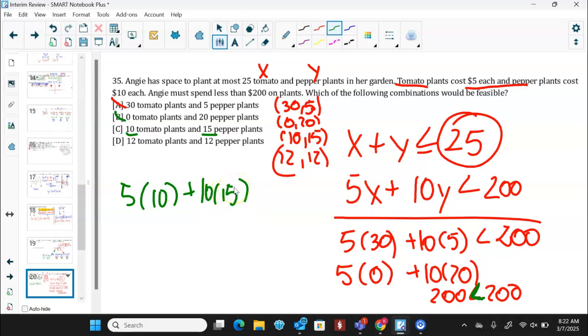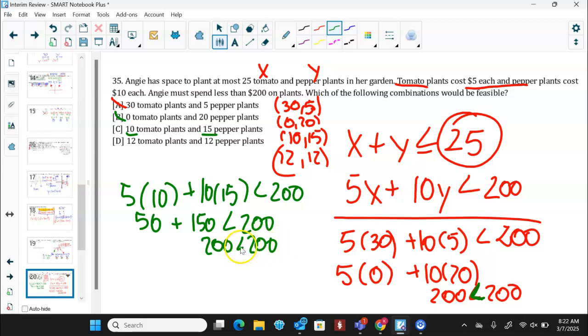So that's 50 plus 150. Okay, so 200. So then once again, that's 200 less than 200. I don't have an equal sign here, so this is not a true statement either. So this could not be it.